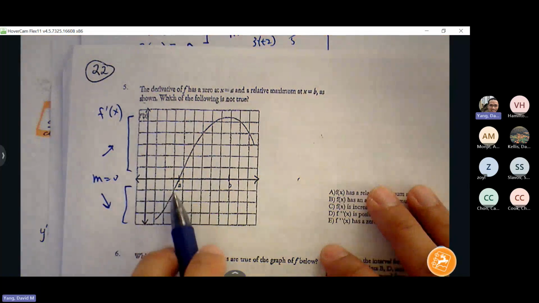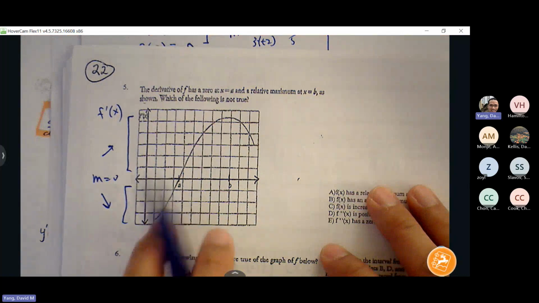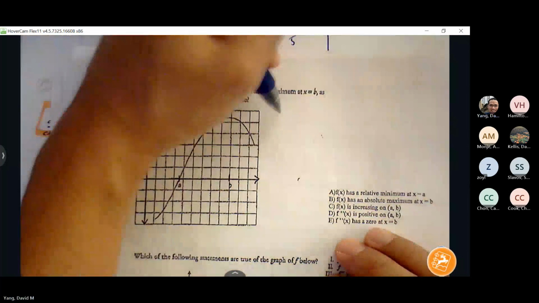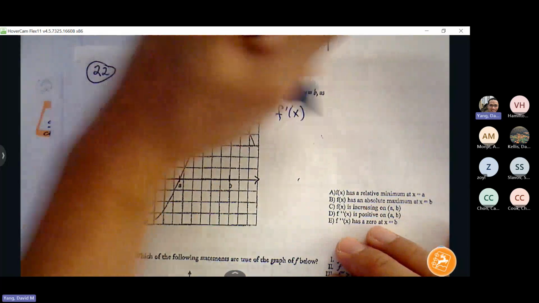So we know that at A, there's a critical point because we're looking for slope 0.